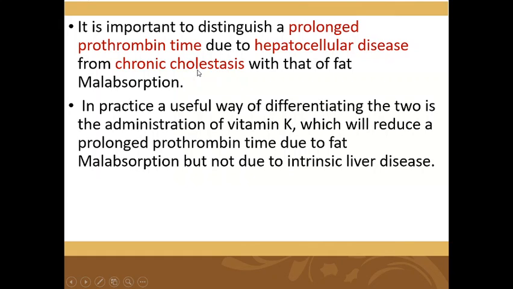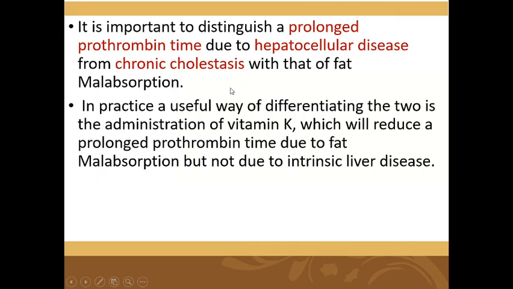If it is due to chronic cholestasis with fat malabsorption, तो problem dissolve हो जाएगी. ठीक है ना. It will reduce the prolonged prothrombin time, and the problem will be dissolved. But अगर ये liver disease की वजह से है, so the vitamin K cannot cure this. If it is due to intrinsic liver disease, vitamin K will not reduce the prolonged prothrombin time.